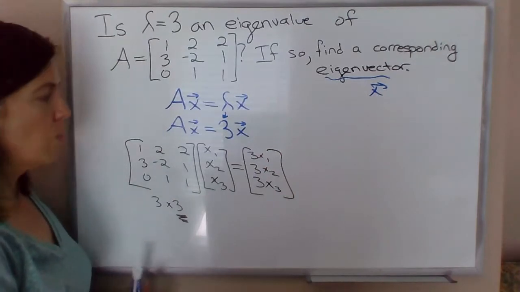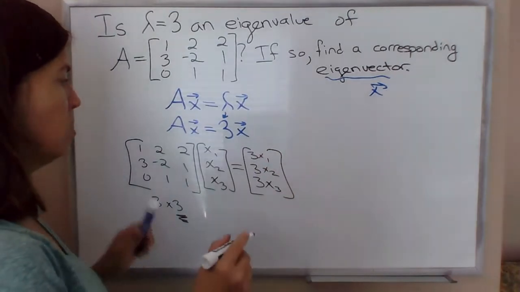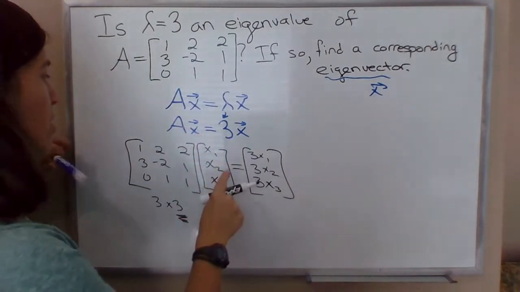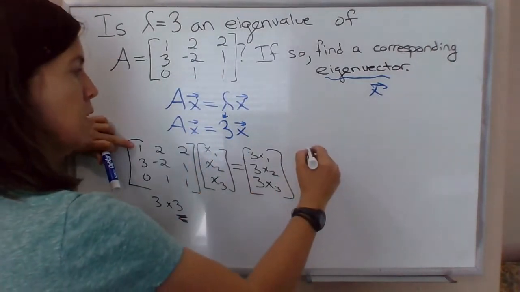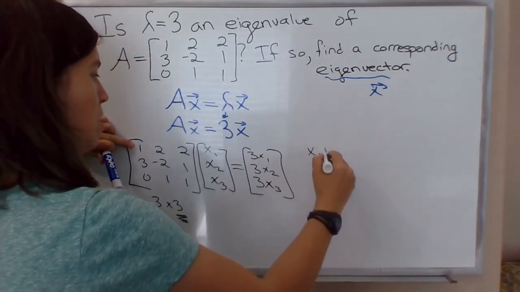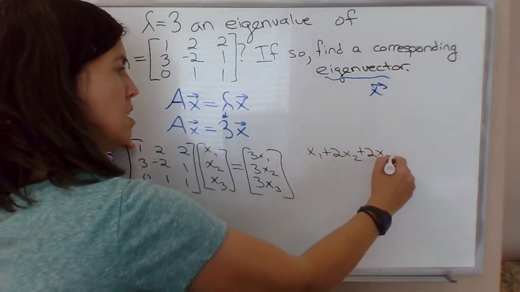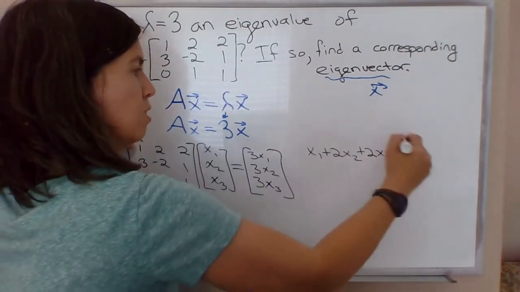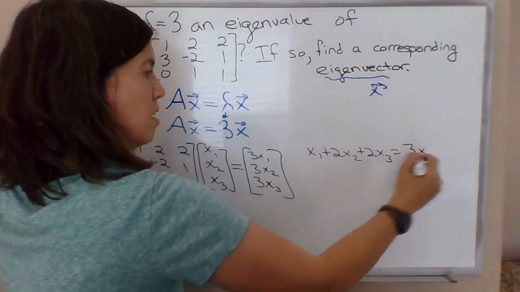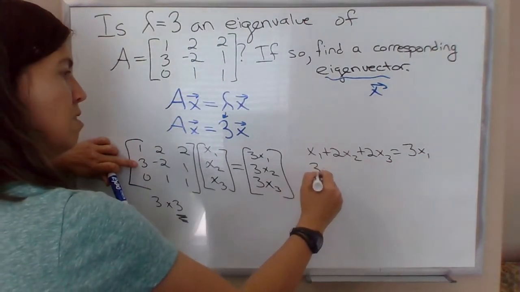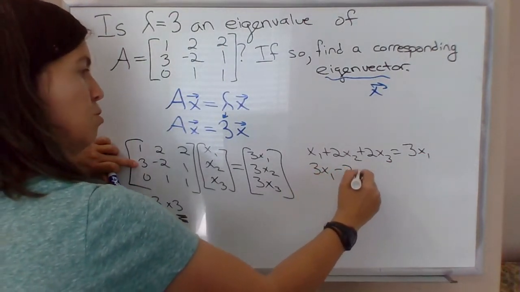Okay, well, that would correspond to a system of equations. If I multiply out the left side here, I'll have 1 times x1 plus 2 times x2 plus 2 times x3 equals the first entry over here, so 3x1. And then the second row, I'll have 3 times x1 minus 2 times x2.